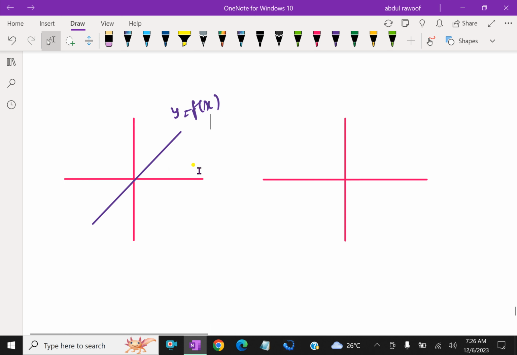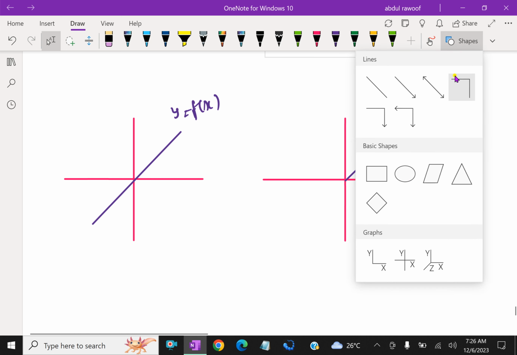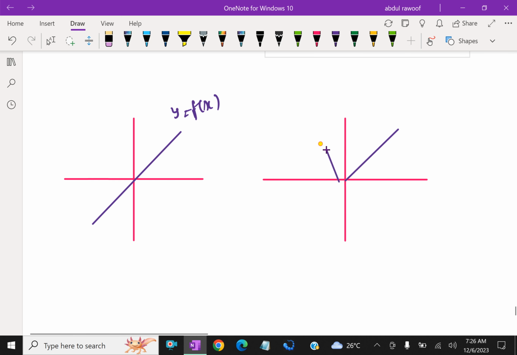Now if you put the modulus of this function, what you noticed from this function y equal to f of x is that for any value of x, it gives the value of y as positive as well as negative.